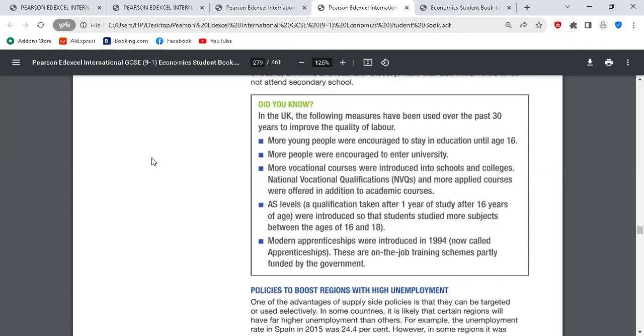Education increases the flexibility of the workforce. Unfortunately, secondary education is not even accessible. You have to pay for it. And if secondary education is not accessible, how do you even get to tertiary education? So that is the point they are making here. As a result of this, human capital is in decline. Clear? We go down.